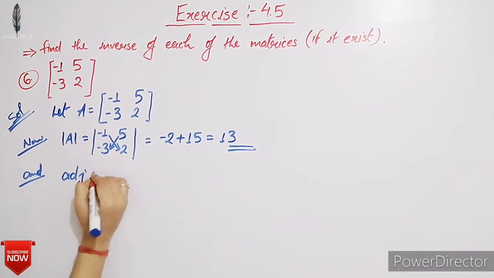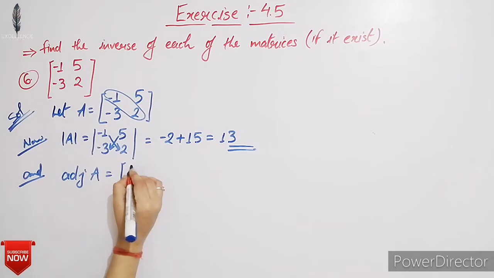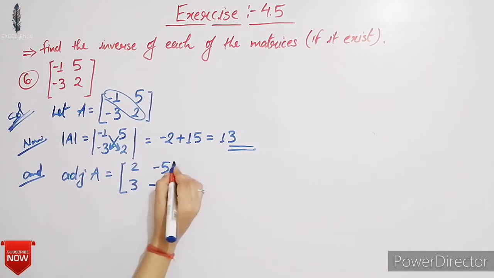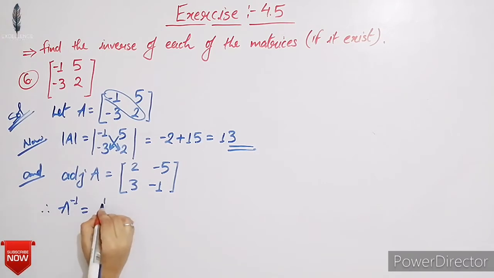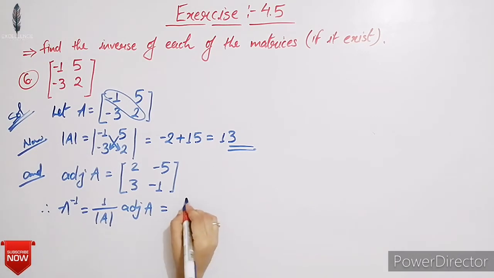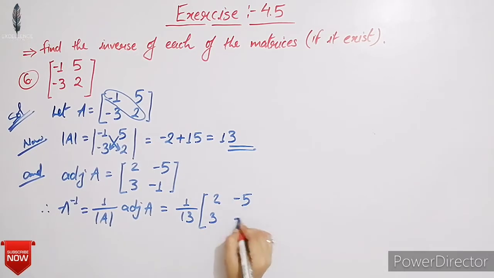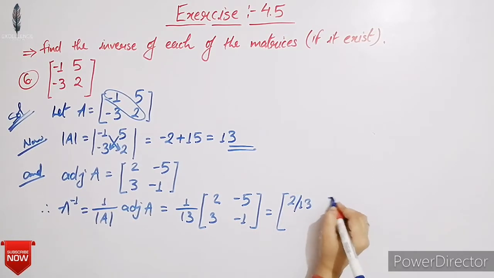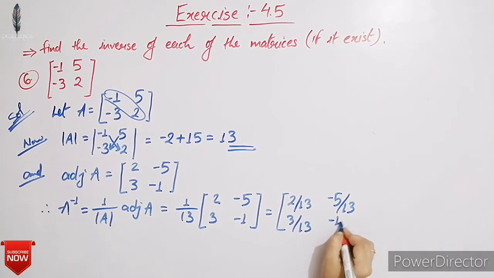And adjoint of A we can find simply by using the trick. So here interchange the elements, it's 2 and -1, and here the sign changes, so it's -5 and here 3. Now A inverse is equal to 1 by determinant of A into adjoint A. Putting these values, we have 1 by 13 into [2, 3; -5, -1], which is equal to [2/13, -5/13; 3/13, -1/13].